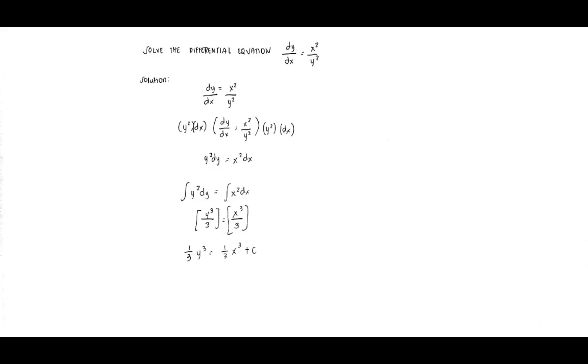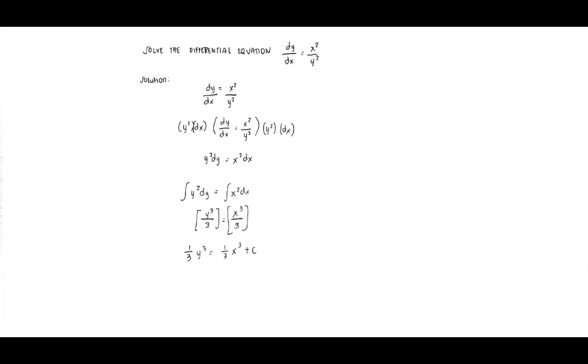Now that we have separated both variables into their respective dy and dx, we will integrate both sides. So we have the integral of y squared dy equals the integral of x squared dx. The integral of y squared dy is y cubed over 3 by the rule of integrals, and the same for x squared, we have x cubed over 3.